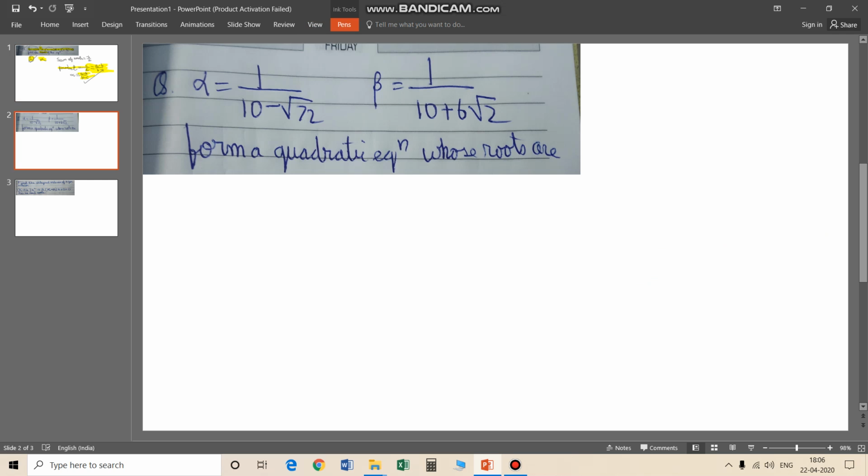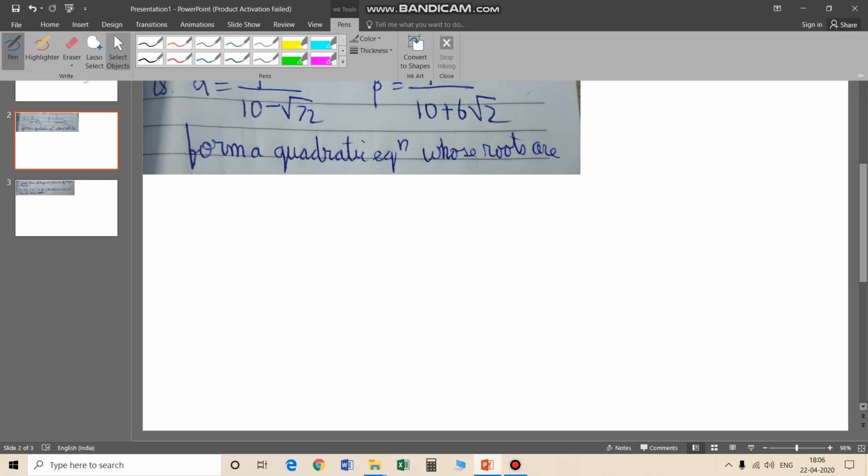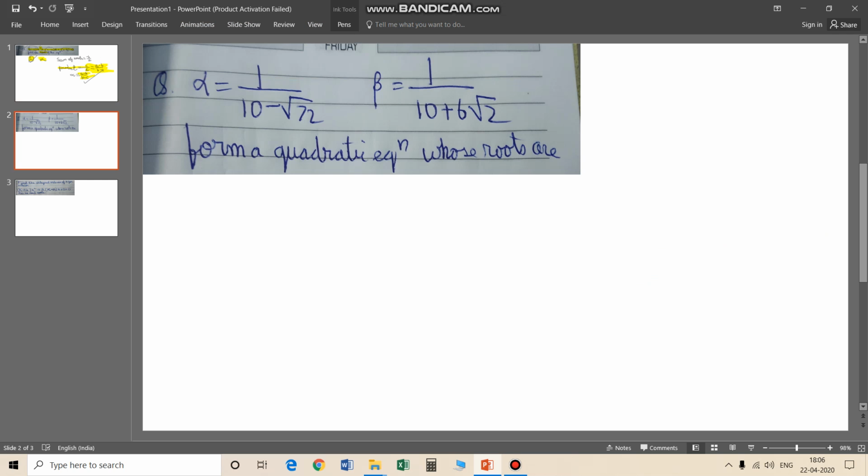Alpha is given this. Beta is given this. Beta is very much simplified. Let me start with the value of alpha. Simplify the value of alpha. 1 by 10 minus root 72.